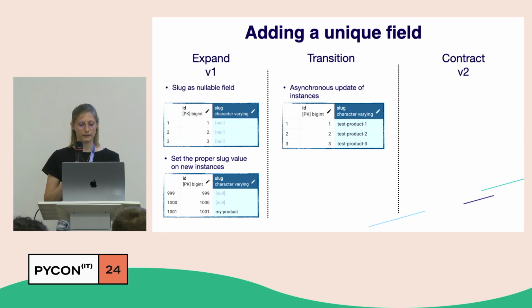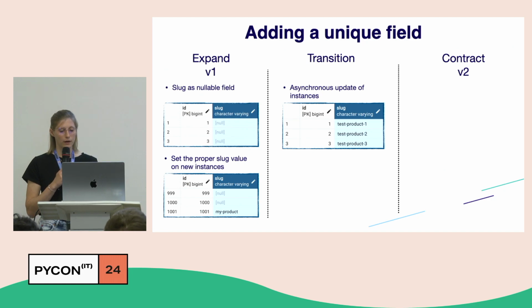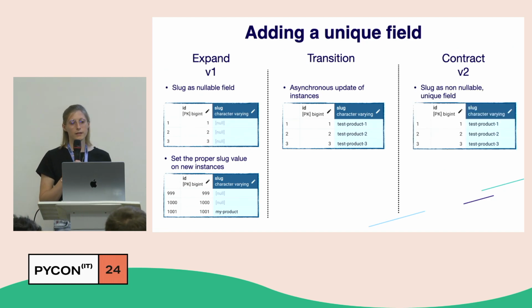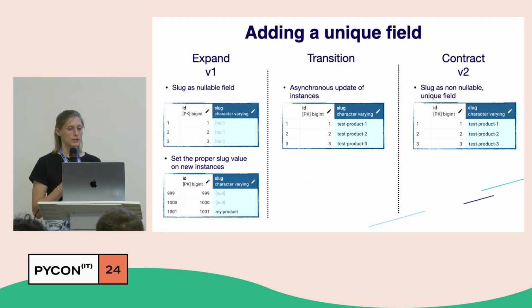And when the tasks are finished, the slug column will be filled in with the proper values and we will be ready to move to the last phase, the contract phase, on our version V2. And here we will be ready to safely change the slug field into unique on our target version.